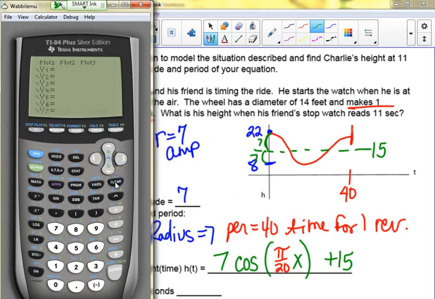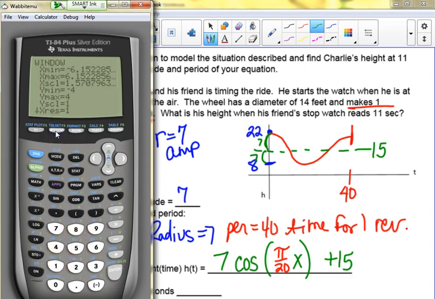Or really, you could just do it from the home screen, but it's probably better to check. 7 cosine pi over 20 times x. I'm a little worried. Did I need an extra parenthesis around that? We'll find out in a minute. Plus 15.